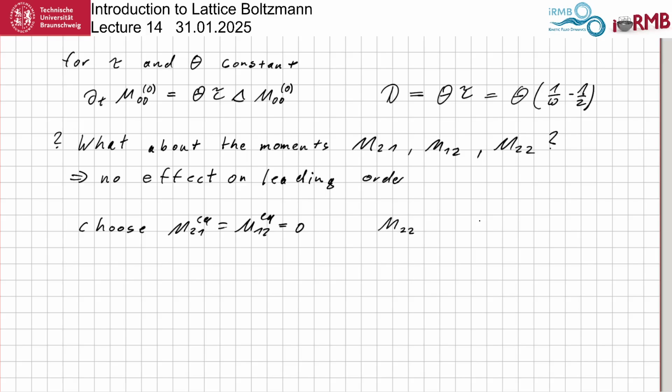And for this M22 equilibrium, which is a non-symmetric moment, I will do something different. I would say that this is gamma times M00.